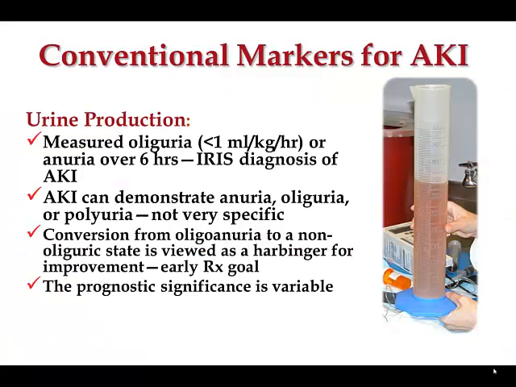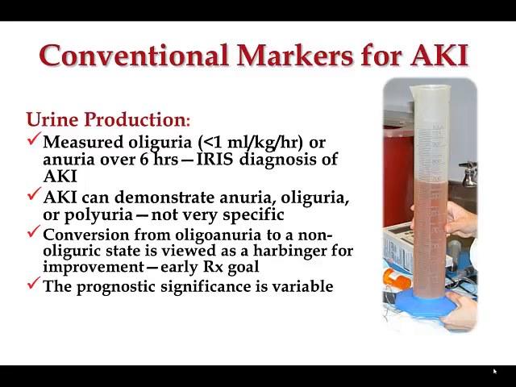One of the important ones that we have used for maybe more than 100 years is simply urine production. The problem with these conventional biomarkers is that they're useful, but they're not very sensitive or specific. We generally suggest that oliguria can be a marker.